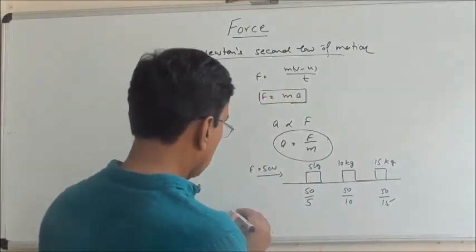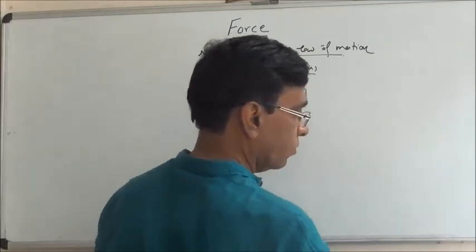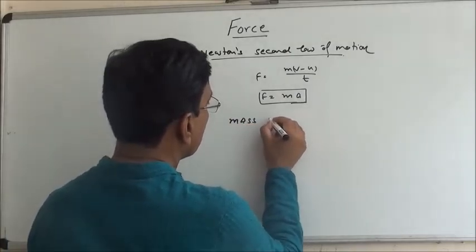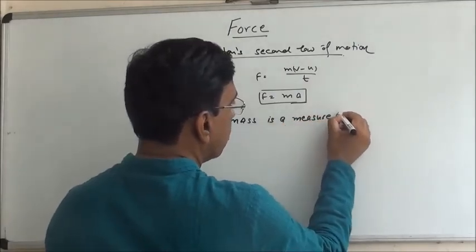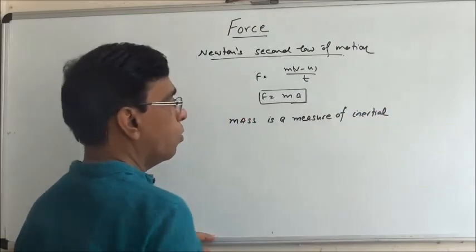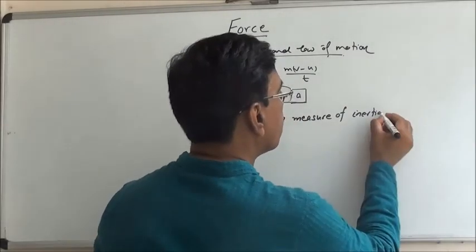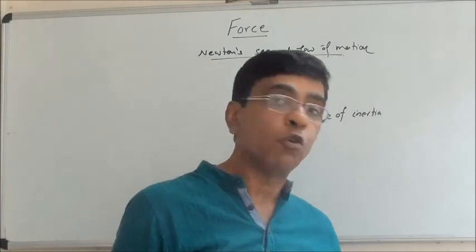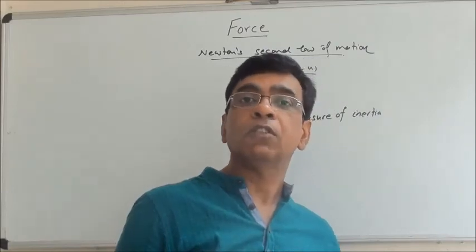So we can write that also: mass is a measure of the inertial properties of the body, or simply inertia. When we are talking in this particular context, we are talking about inertia of motion. Otherwise, the general meaning of inertia is also resistance to change.